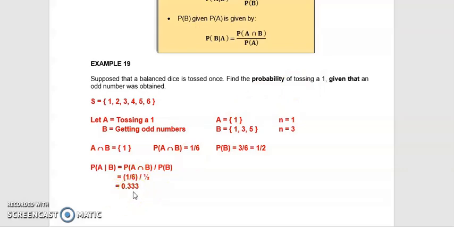However, if you get an answer of, for example, 0.89, closer to 1, it means that there is a high chance for us to get number 1, given that the odd number occurs first. So that is an example of conditional probability.